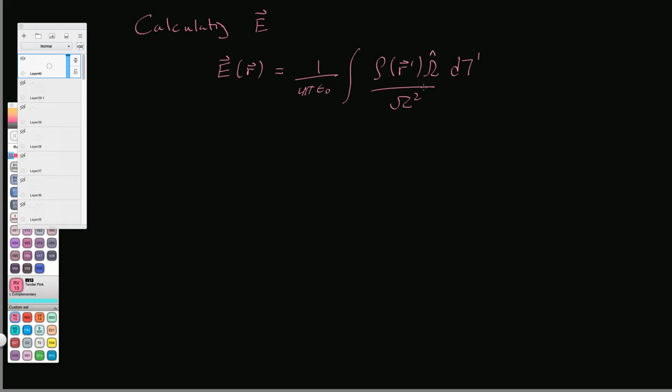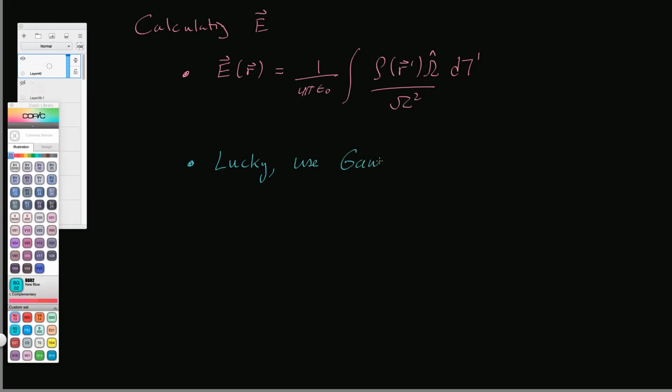Sometimes we get even luckier and we can use Gauss's law, but you've seen how limited the situations are where you can use Gauss's law. Maybe it's slightly easier to get the potential and then use the gradient.